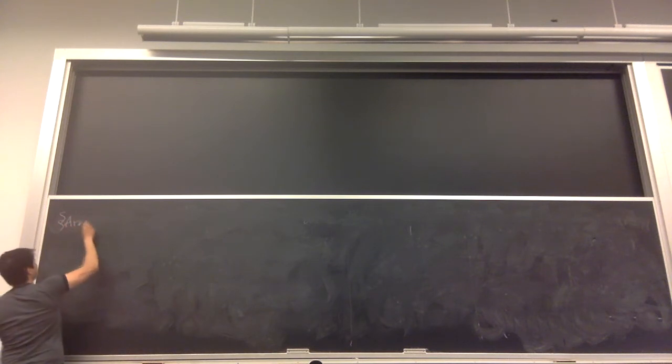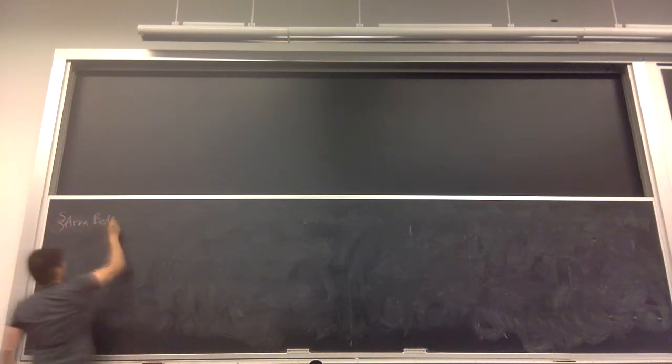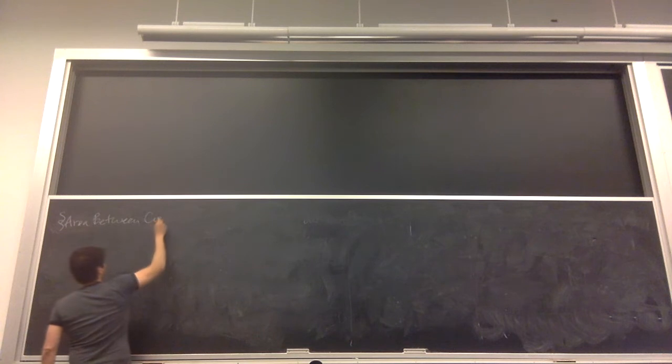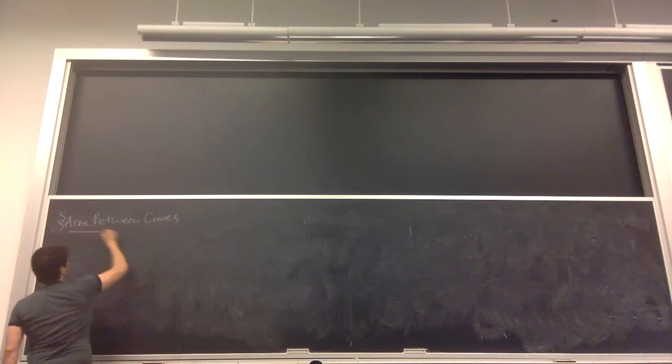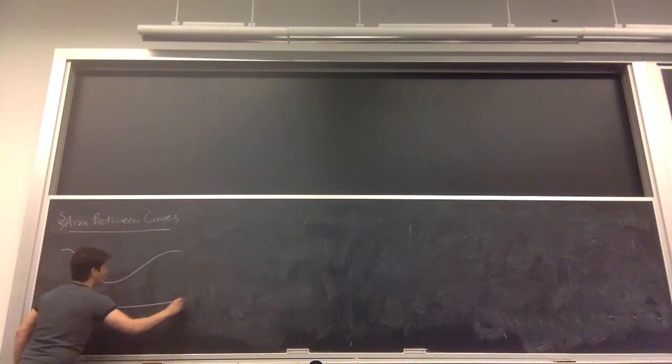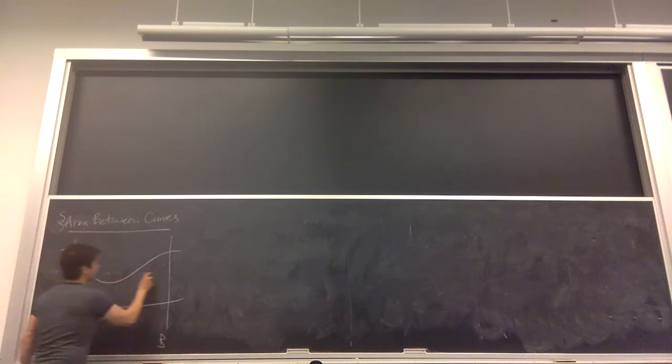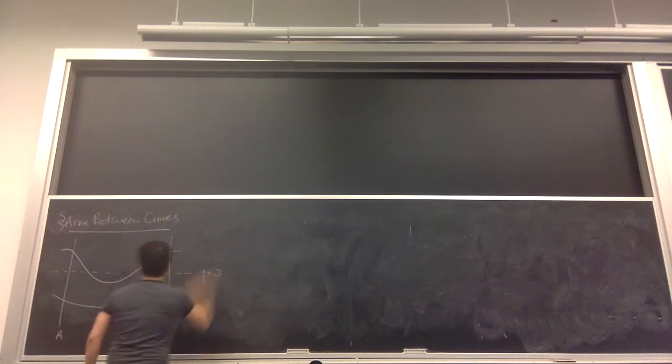Okay, so now all we have to do is talk about the area between curves. What do I mean by that? Well, what happens if I want to compute the following area? Call this A, let's call that B. Let's call this the axis, y equals 0.